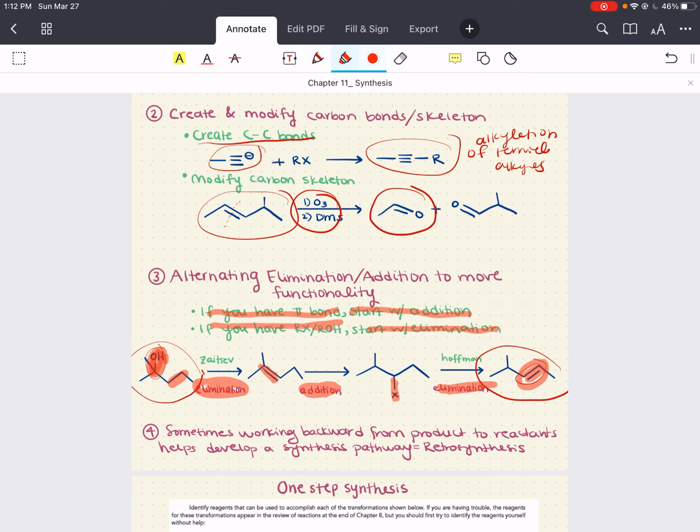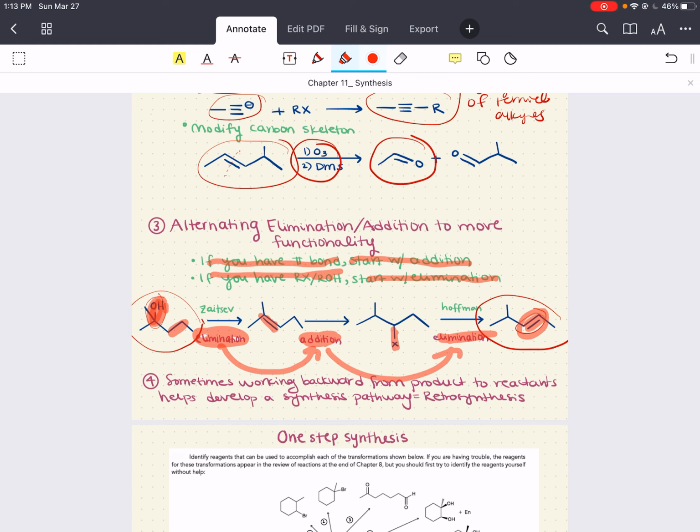So do backward steps one at a time to help develop a synthesis pathway. This technique is especially important for complicated pathways, and it's actually known as retrosynthesis analysis. So if you prefer to work backwards, and actually that's sometimes recommended, even preferred, if you don't know how to get from starting material to end product, just go backwards from end product to starting material.